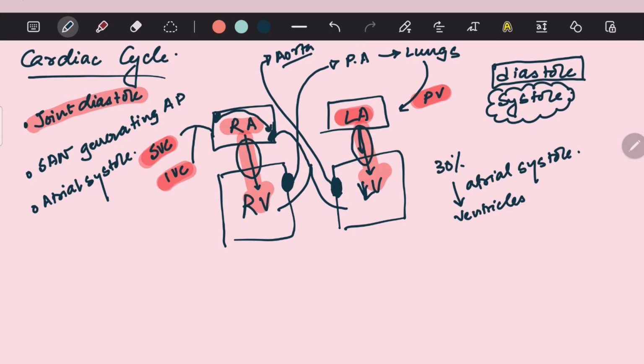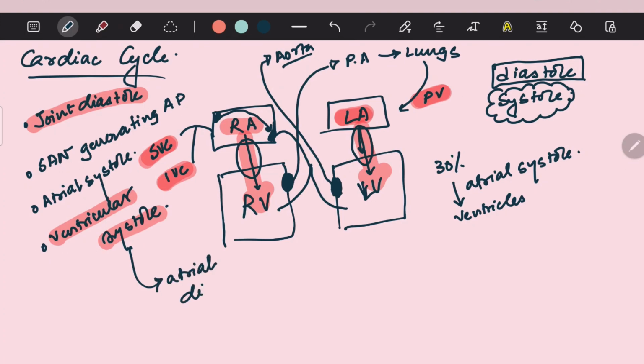Now what happens? The ventricular muscles contract, giving rise to ventricular systole. At this time of ventricular systole, there is simultaneous relaxation of the atria. That is, the atria are now in the phase of diastole. So whenever there is ventricular systole, the atria are present in the relaxed state known as atrial diastole.